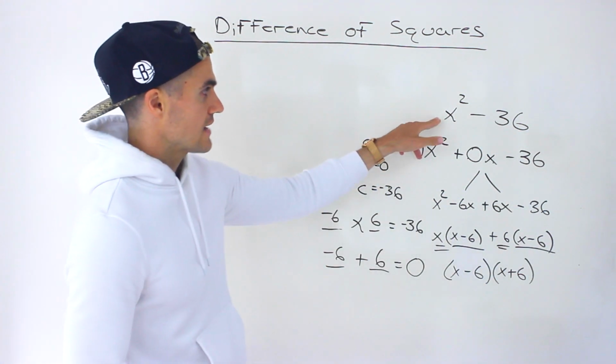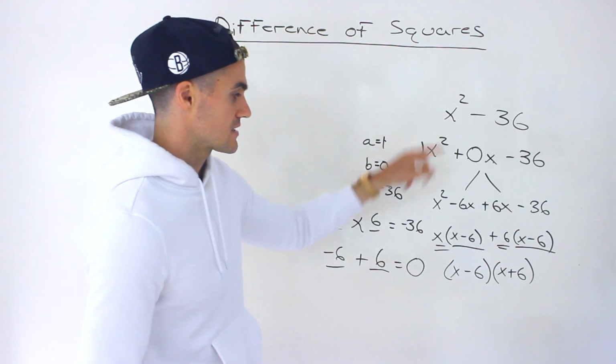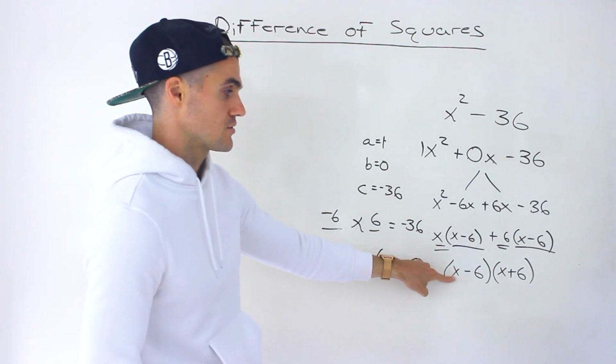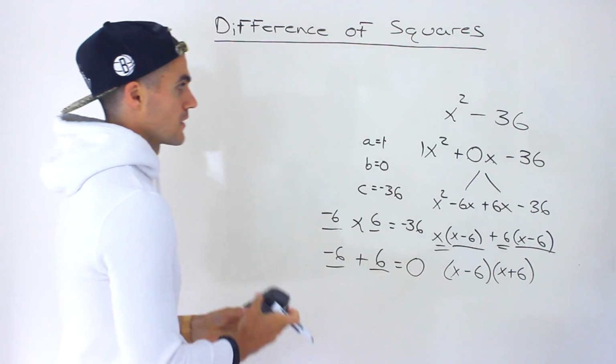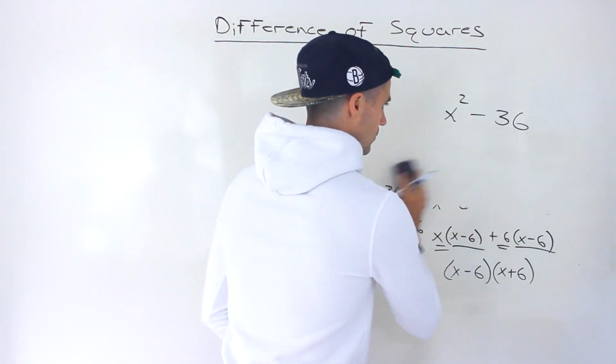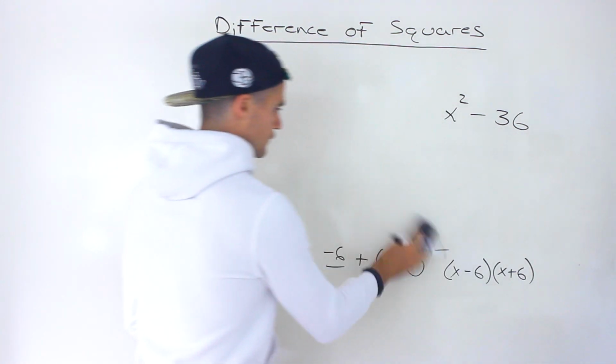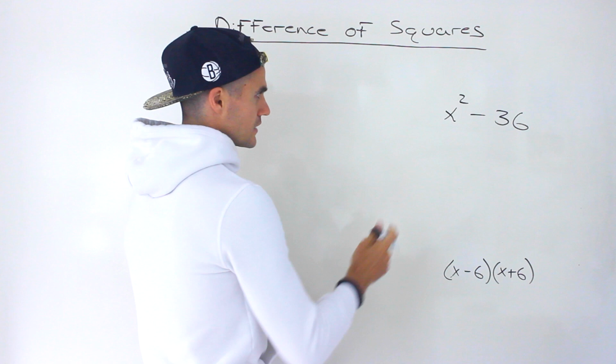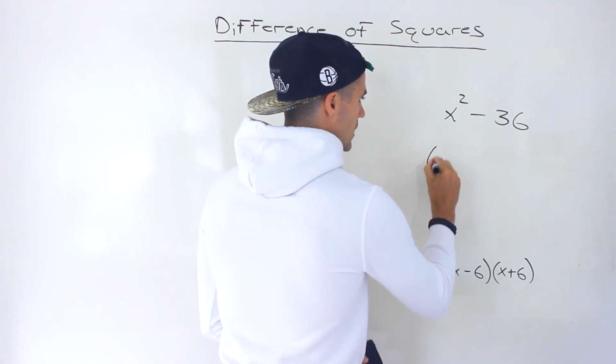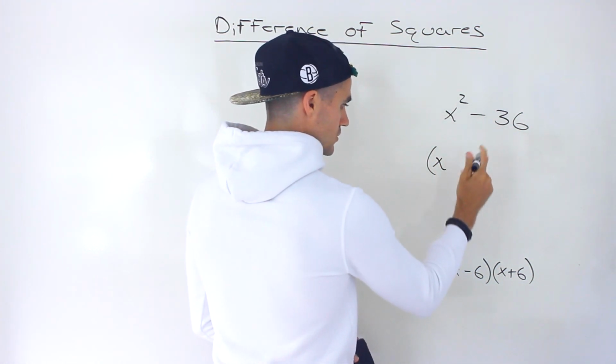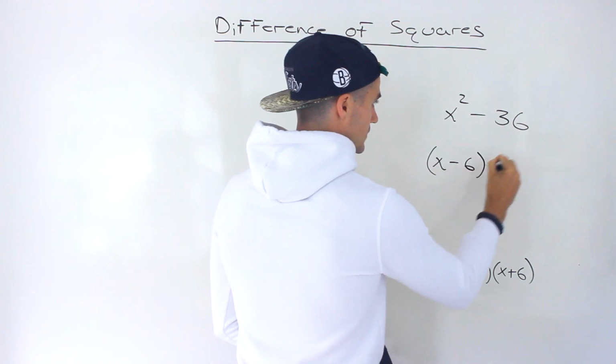So this x squared minus 36 factors into these two brackets over here. Now, I want to analyze this relationship between this original expression and these two factors.